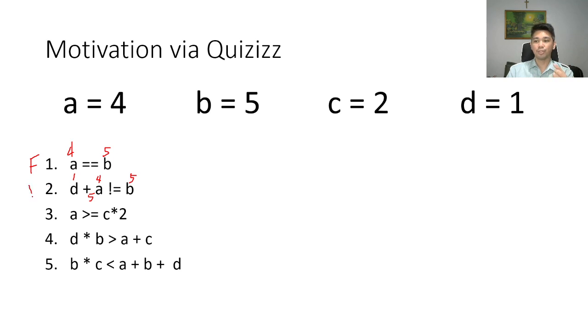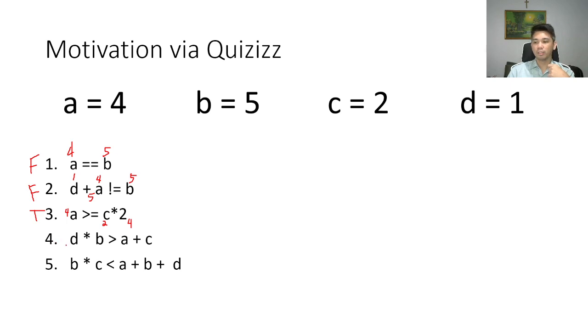So therefore, the answer is false. Number 3, A is 4, C is 2, so 2 times 2 is 4. Now we are asking if 4 is greater than or equal to 4, and the answer to that is true.